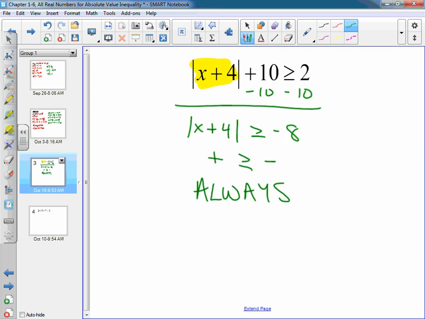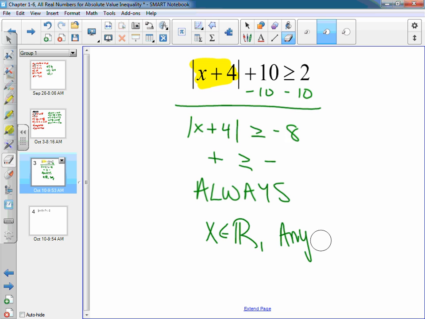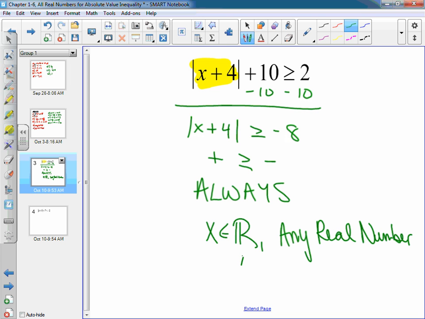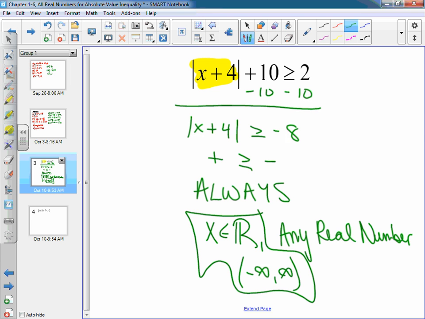So therefore, what can x be to make this statement true? X can be anything it wants to be. So x is an element of the real numbers, or any real number. Or another way is from negative infinity to infinity. So your book will give you either one of those two things, okay?